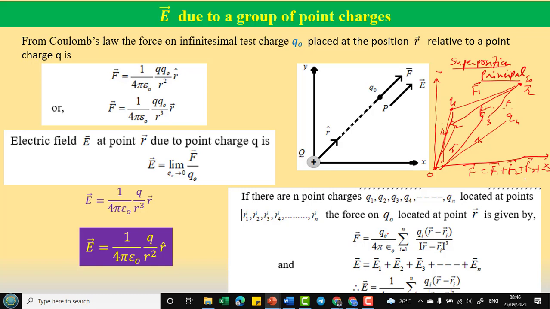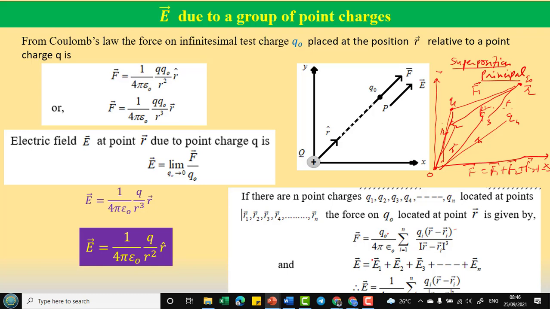We can combine that and write it in this form: the summation extends from i is equal to 1 to n, Qi (r minus ri), because we are writing it in terms of the position vector, divided by the magnitude of r minus ri cubed. Here this is the vector and this is that vector's magnitude, right?